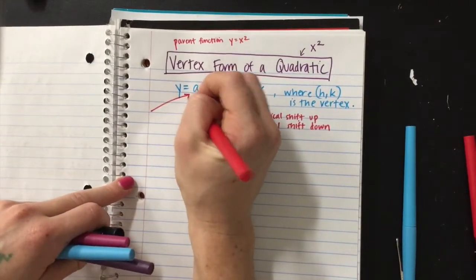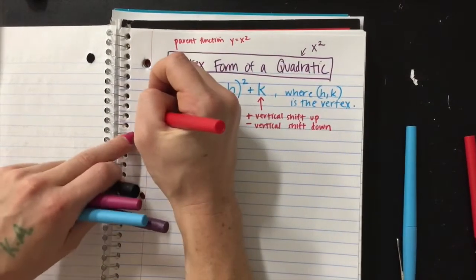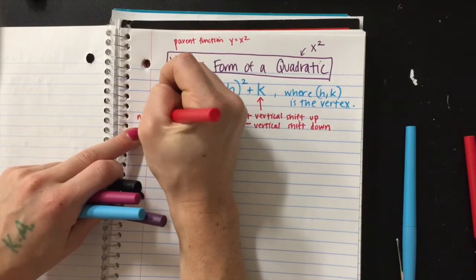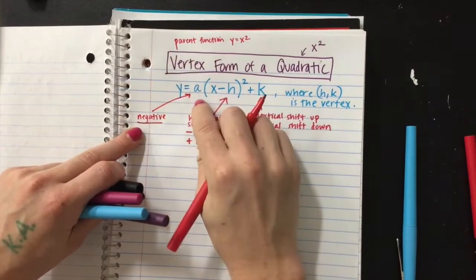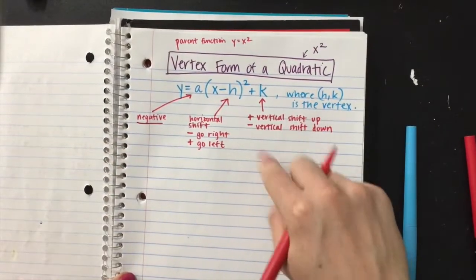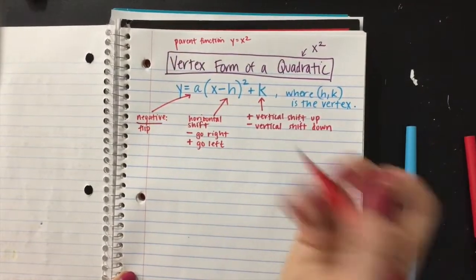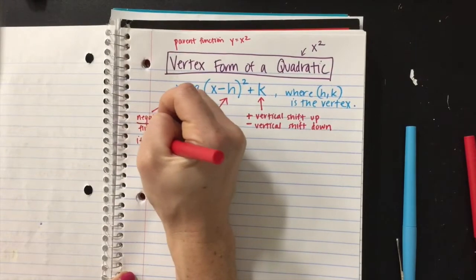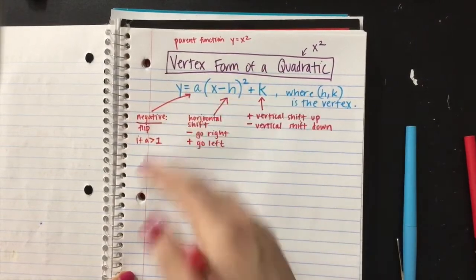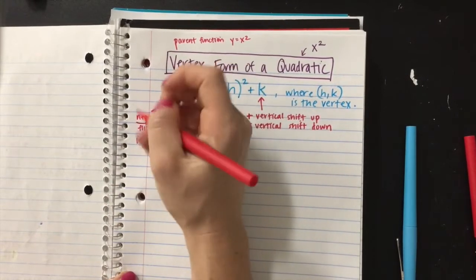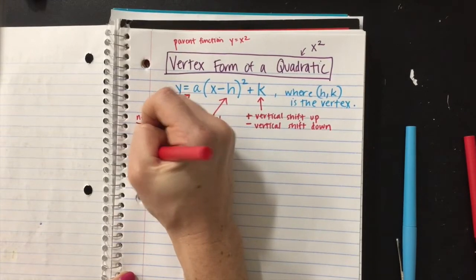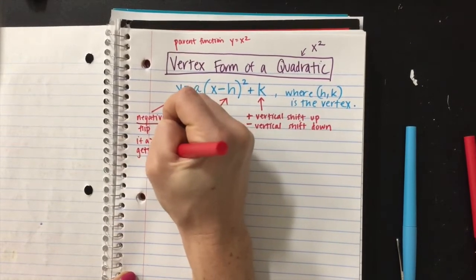And then this thing here, a, does a couple of things. If it's negative, the entire parabola makes a sad face. It goes upside down. So you flip it upside down. If it's greater than 1, meaning like 2, 3, 4, 5, your parabola gets skinnier.